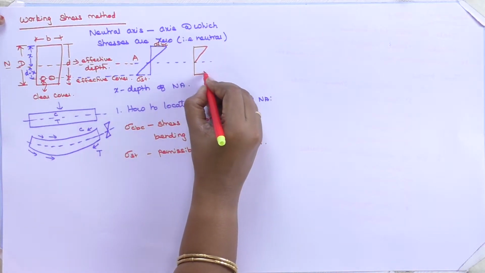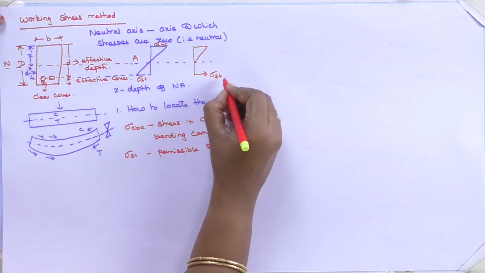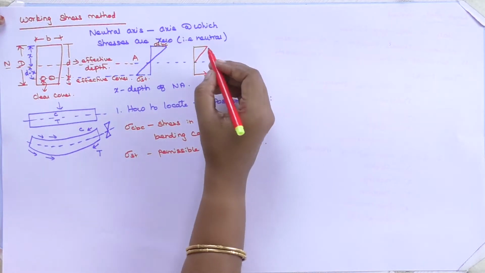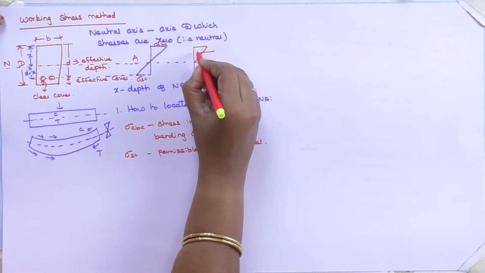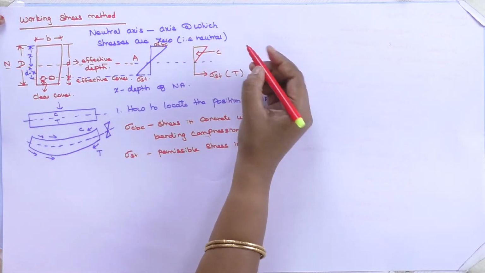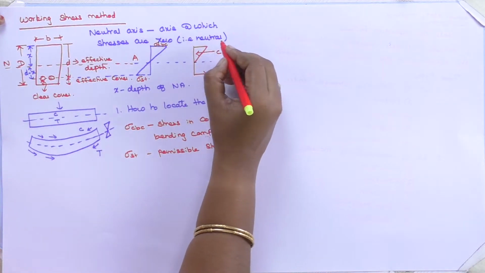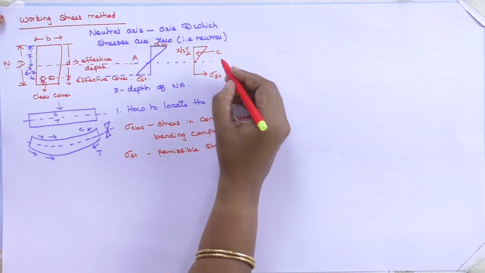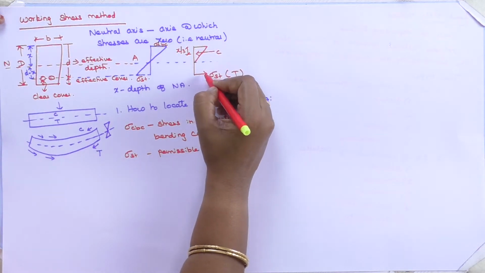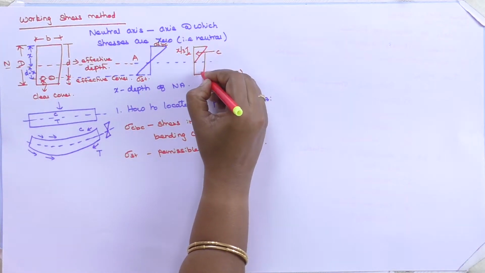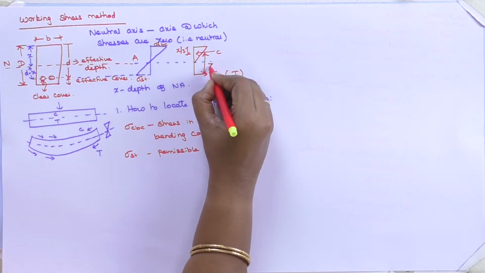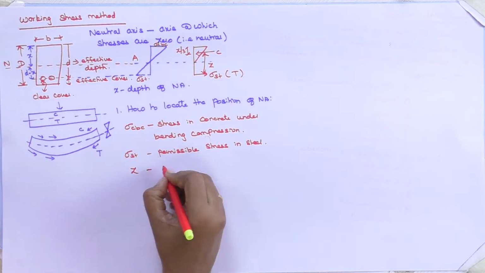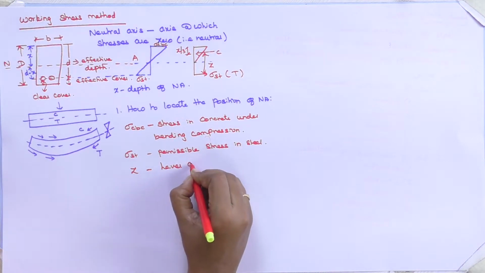At this level, I will get sigma ST, that is the tensile force, then I have a compressive force which is acting at the distance of one-third, that is x by 3. So, the distance between C and sigma ST I can call it as Z. Z is nothing but lever arm distance.